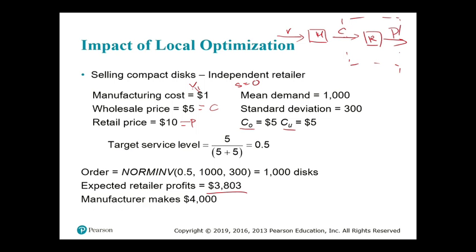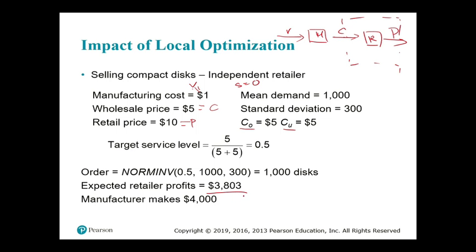And the manufacturer's profit is equal to what? How do we calculate this? How many units did the manufacturer sell? 1,000, right?